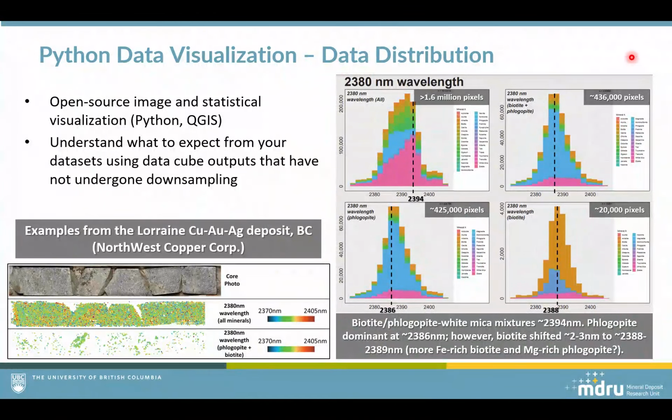So from this, once we filter to biotite and phlogopite specifically, it drops to about 436,000 pixels. And within these different groupings, phlogopite is most dominant in this population compared to biotite in the bottom right. But there does appear to be a slight wavelength shift to higher wavelength positions in the biotite by about 2 or 3 nanometers, which could indicate a more iron-rich biotite and a more magnesium-rich phlogopite.